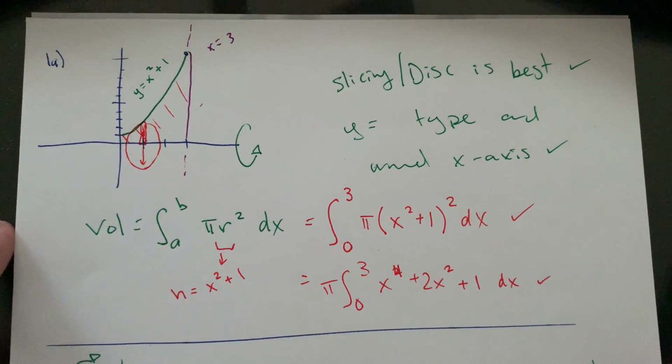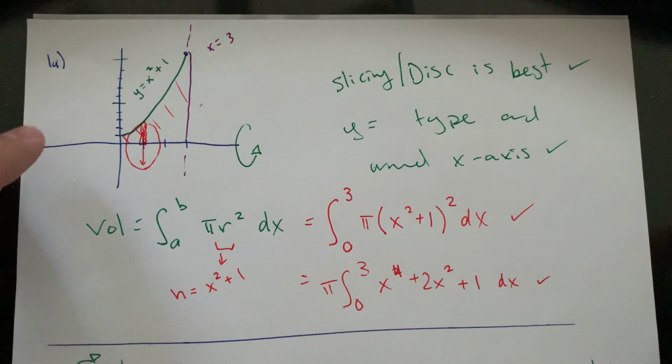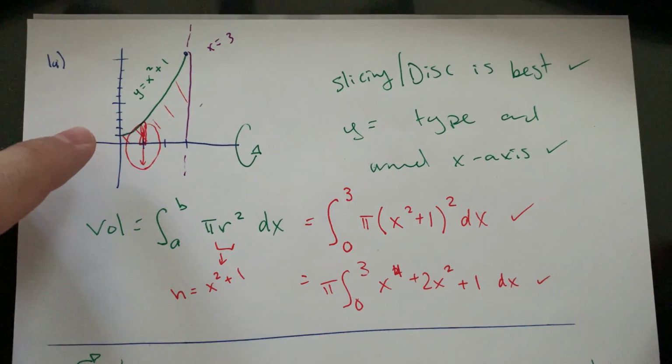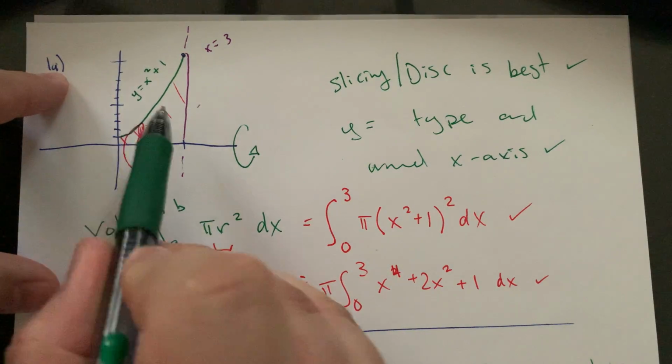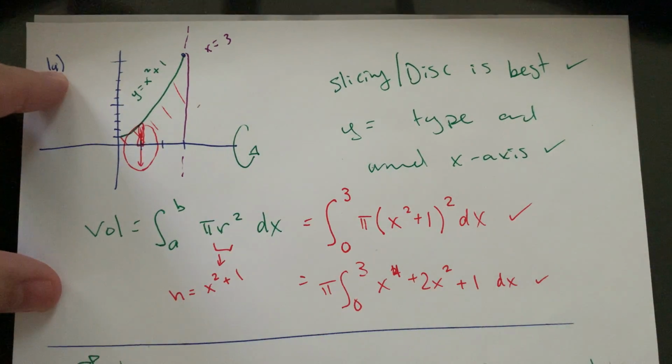I temporarily forgot, but also just to acknowledge that setup, if you did this from the y perspective and tried to set it up as shells, it's going to be more complicated.